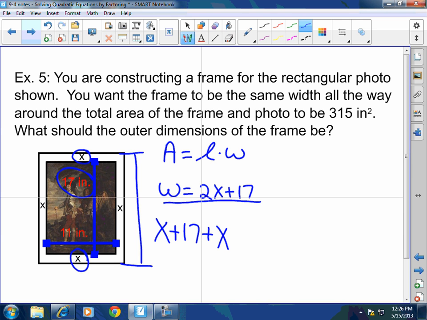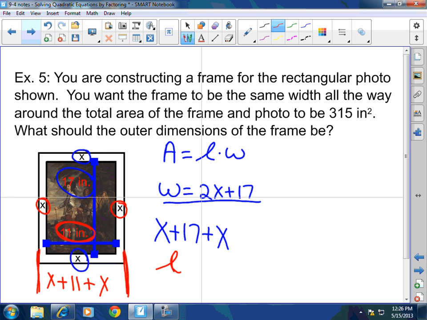Okay, fine. Now, let's do the length. The length is from here to here. I have an x plus 11 plus an x. So what is my length? 2x plus 11.